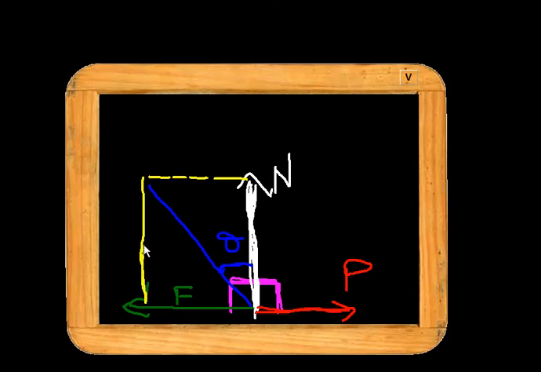If this is F, opposite sides of a rectangle are equal, so therefore this will also be equal to F. I'm going to name the rectangle A, B, C, and D. Now I'm going to take this triangle, A, B, C, and magnify it.